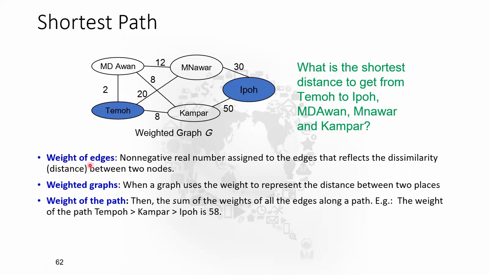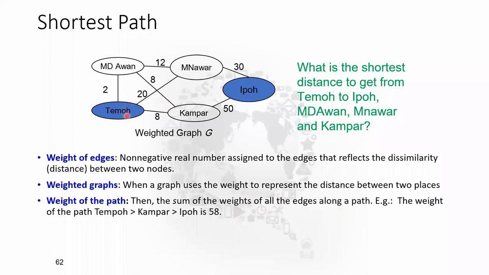If we look at the rules for the edges, it must be a non-negative real number assigned to the edges that reflects the dissimilarity between the two nodes, which here is distance. So a weighted graph uses weights to represent the distance between two places, and the weight of a path is the summation of the weights of all the edges along the path.